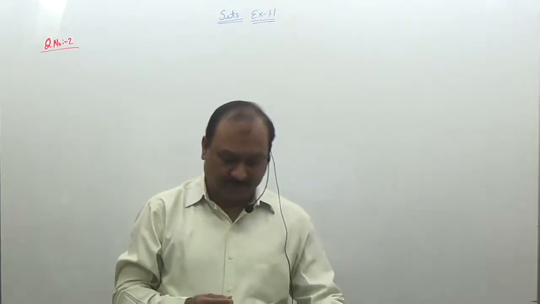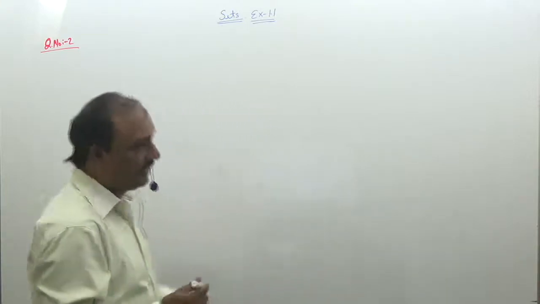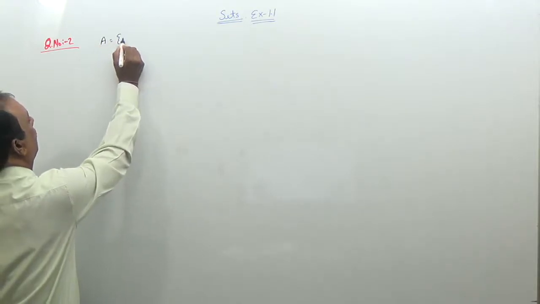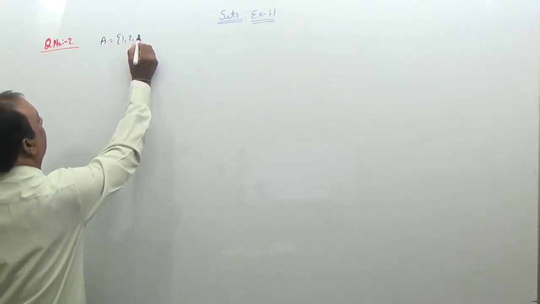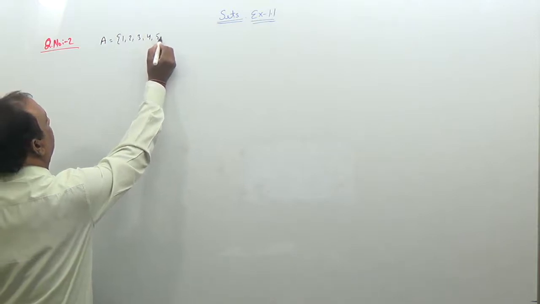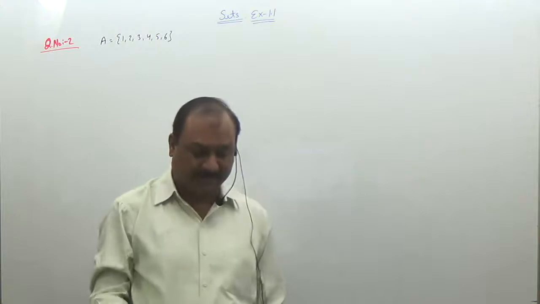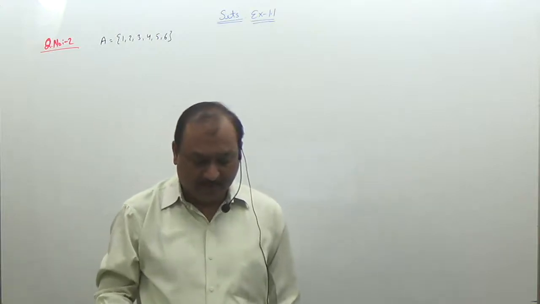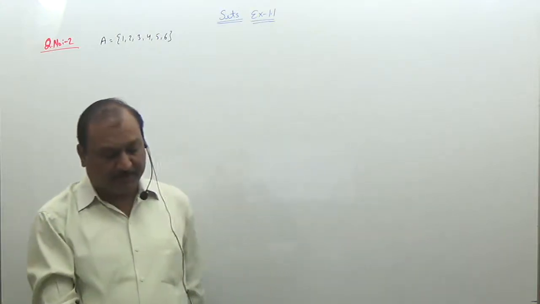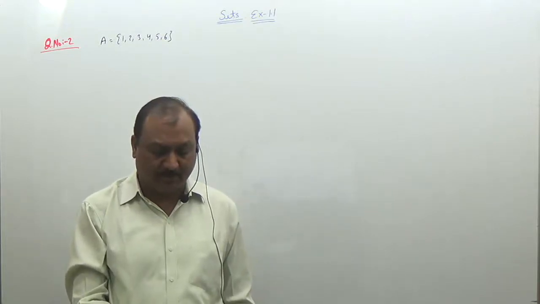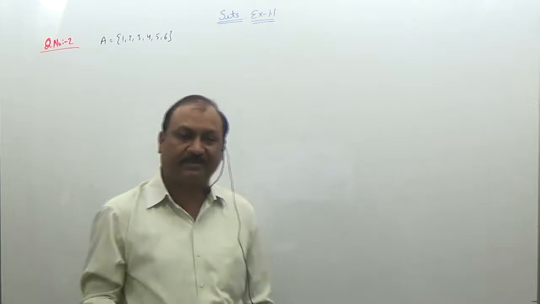Question number 2 is, there is a set A of elements 1, 2, 3, 4, 5 and 6. Insert the appropriate symbol, belongs to or does not belong to, in the blank space.